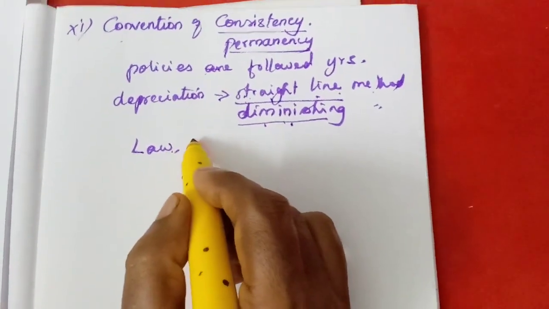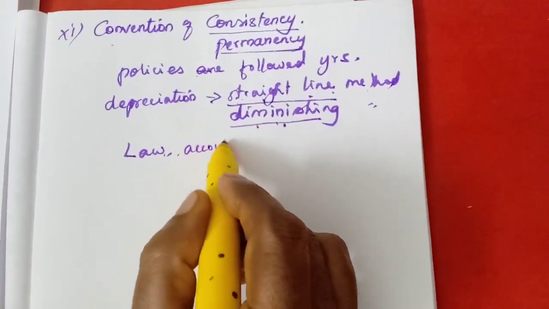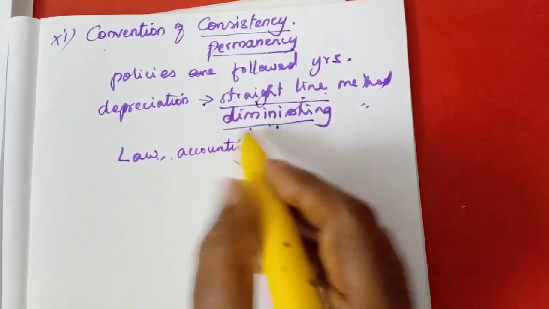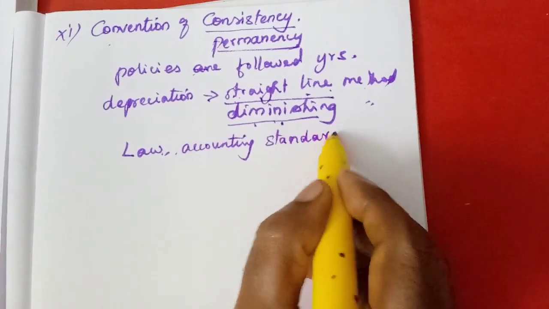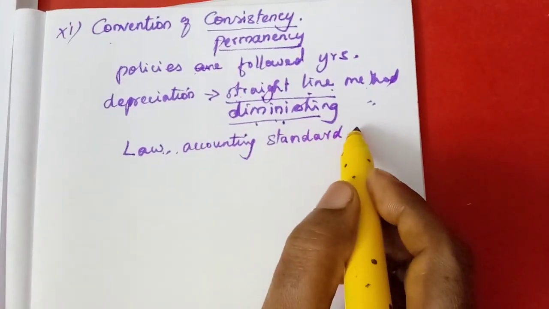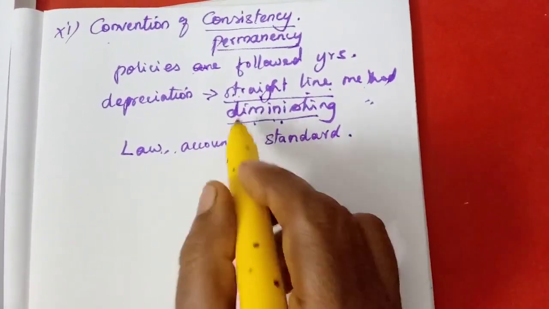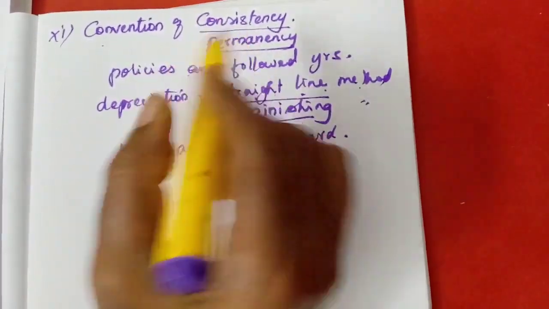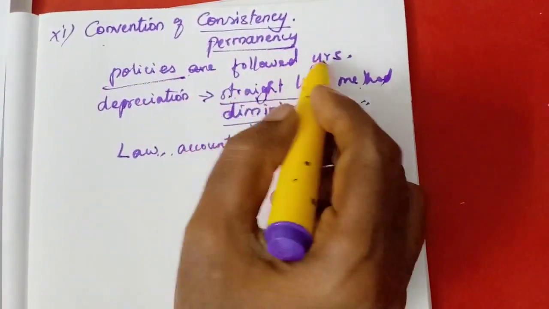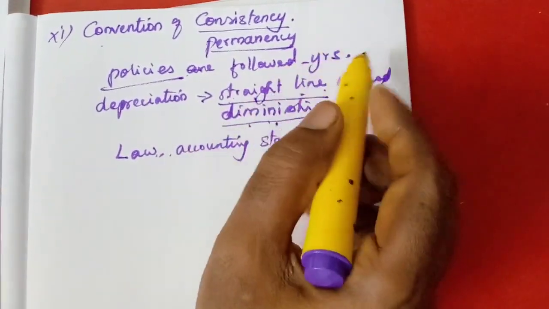Or to comply with the accounting standards, which we are going to learn. The standards will be issued by some special organization. So if they have recommended, they can change this method. Otherwise, the same accounting policies must be followed from one accounting year to other years.